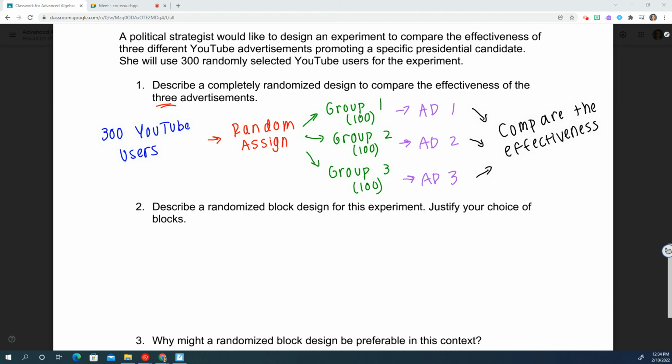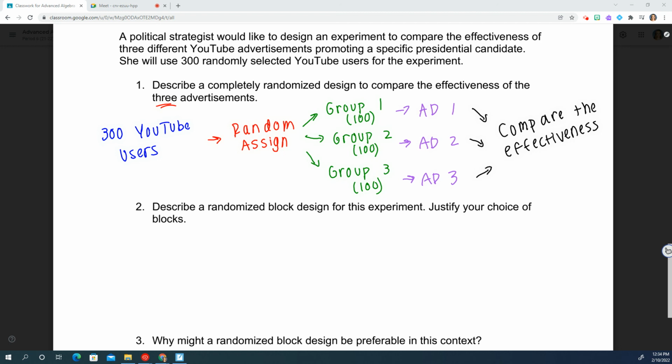Describe a randomized block design for this experiment, just by your choice of blocks. A way that we could block them off. You might be thinking we could do genders, but we don't know for sure with the 300 how many males versus how many females we have. What if we randomly selected 250 males and only 50 females?